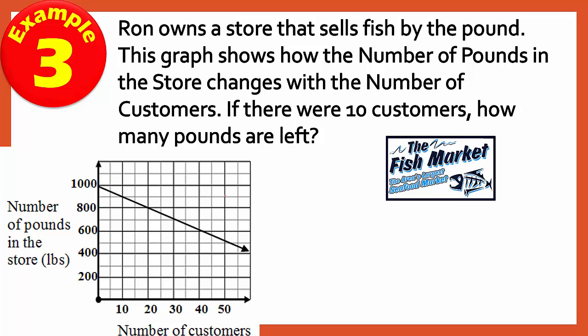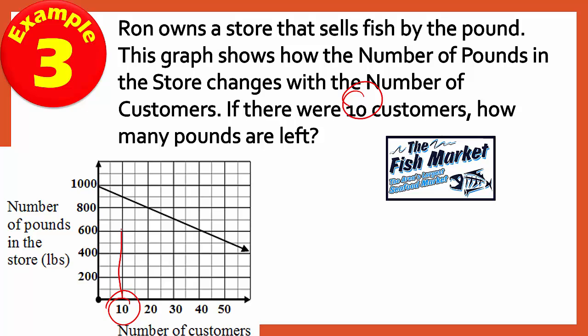Alright, last example. Ron owns a fish store that sells fish by the pound. The graph shows how the number of pounds in the store changes with the number of customers. So if there were 10 customers, how many pounds are left? This is as easy as we have our graph, number of pounds in the store, and number of customers. It's asking if there were 10 customers, so I find 10 on the axis that's labeled number of customers.